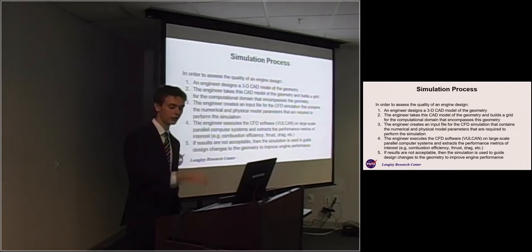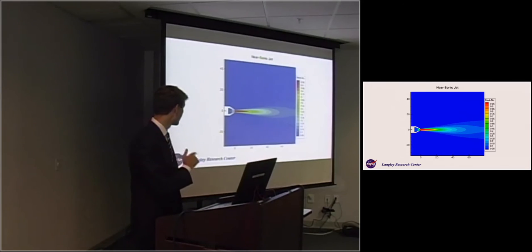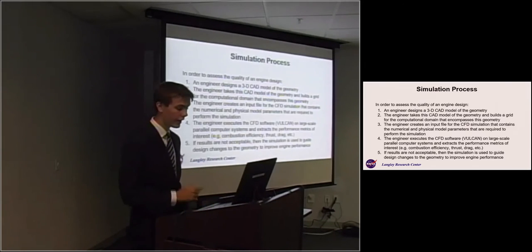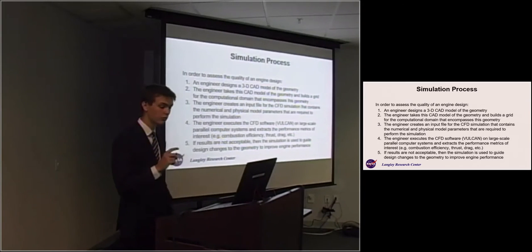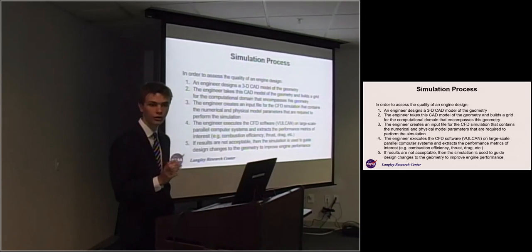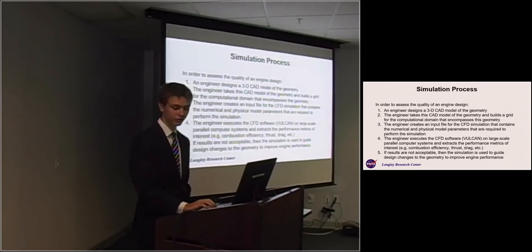He can plot it against a grid and create an image like that and get all sorts of graphs related to the performance of the engine. And then if the results aren't acceptable, he can use the simulation to change the geometry of the engine, or the airfoil, until it's good enough.